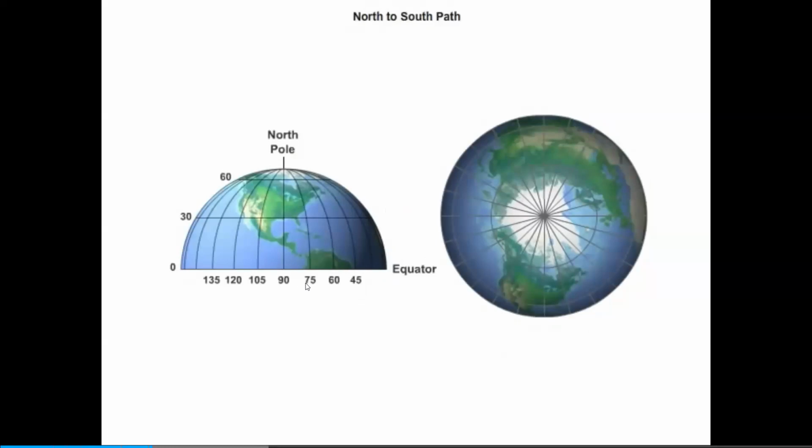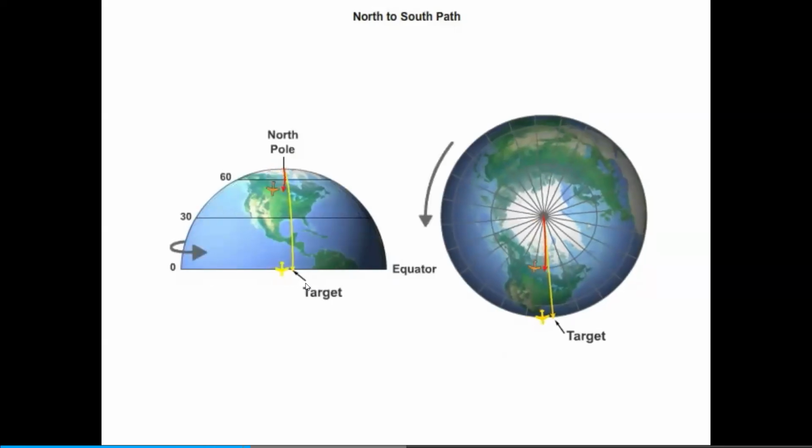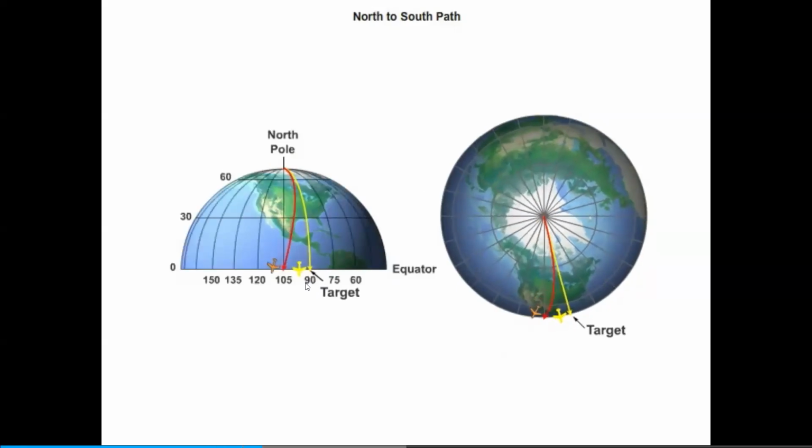We first look at the path of an airplane traveling from the North Pole toward the equator. Notice that the path of the airplane on a non-rotating Earth is a straight line from north to south. Notice that once the airplane begins to move away from the North Pole, it continues to move toward its original target at the equator.